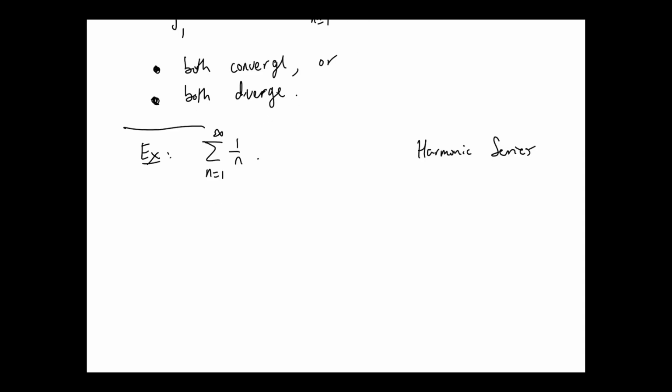So let's consider the integral from 1 to infinity of 1 over x dx. I turned the series into its corresponding integral, and now I'll see whether this converges or diverges.